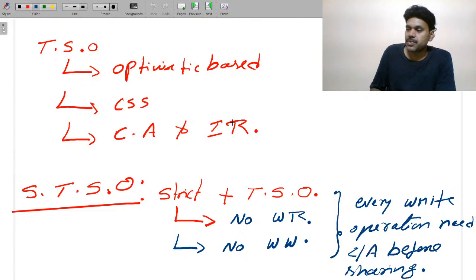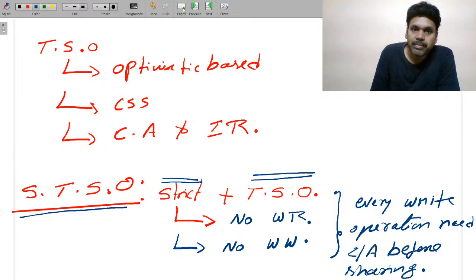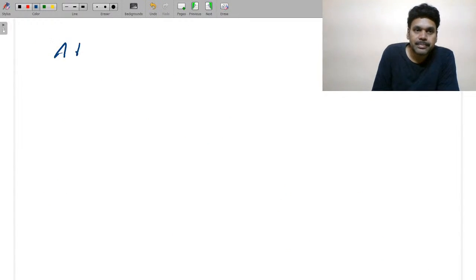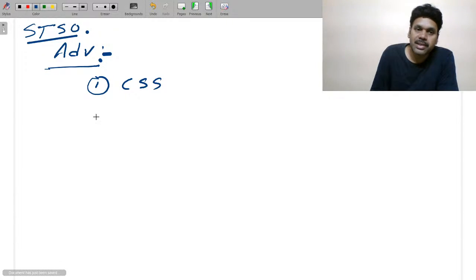So come to the previous one. So come to this. What is this? The strict timestamp ordering protocol follows a strict property along with the rules of timestamp ordering. So what is the advantage? The advantage, as we are learning STSO, is that it guarantees CSS.